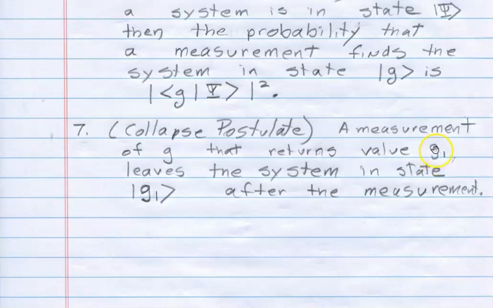So this is a specific value. But it has to be one of the eigenvalues, so a measurement returns an eigenvalue, and then afterwards leaves the system in that state of the eigenvalue that was measured. If you come back and subsequently measure the system, it will give you g1.